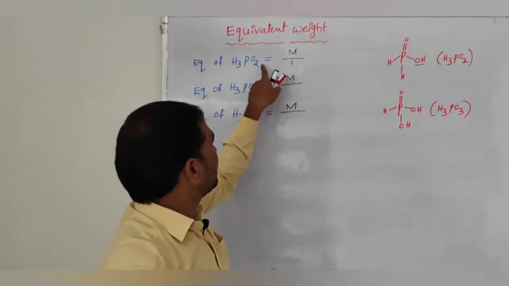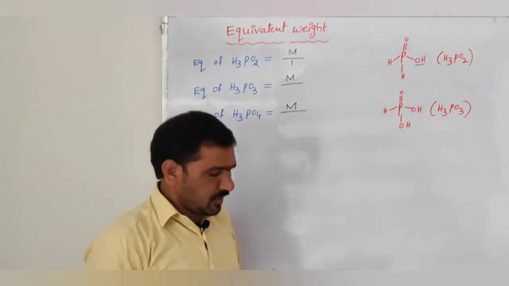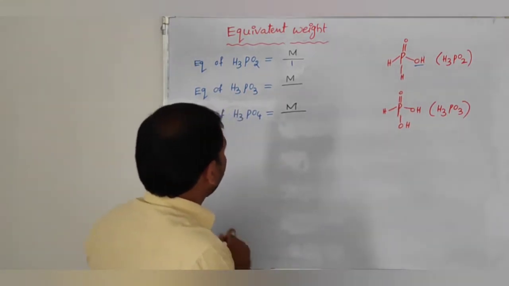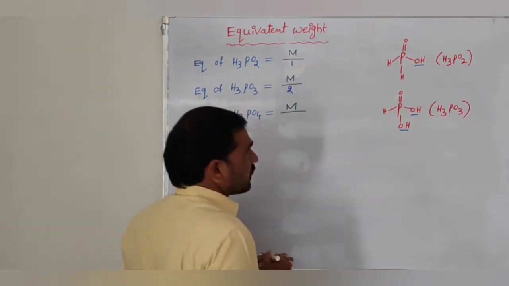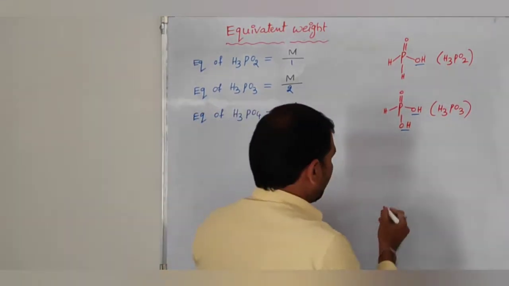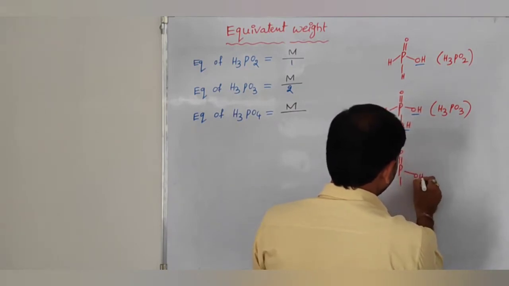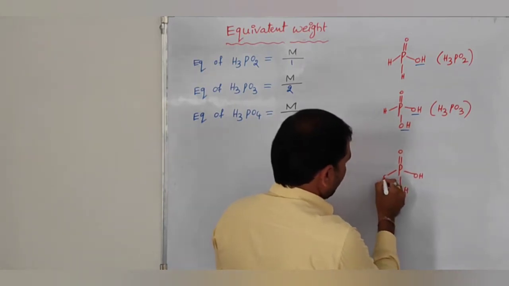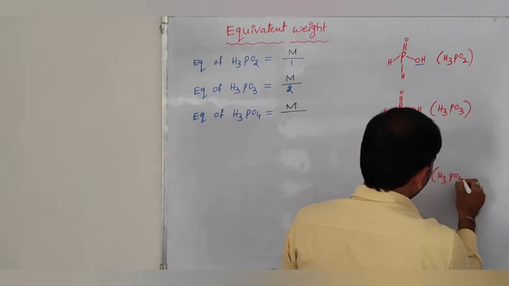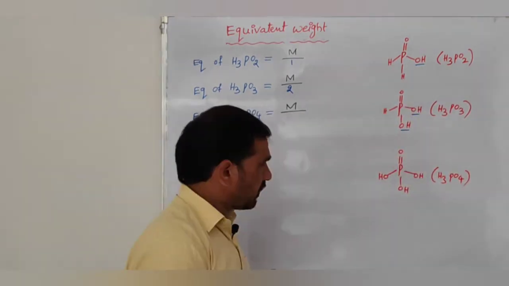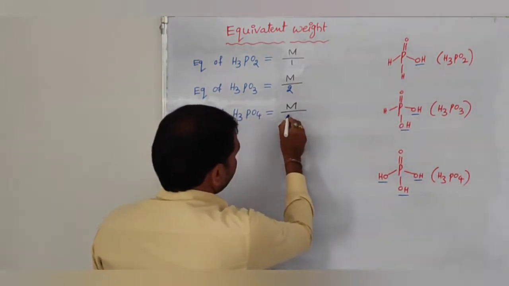This is phosphinic acid, this is phosphonic acid, this is phosphoric acid or orthophosphoric acid. Right? Then the n factor is 2, since 2 OH groups are there. Then coming to H3PO4: phosphorus central atom, double bond O, OH, OH, OH. Therefore 3 OH groups are there. That's why the n factor is 3.